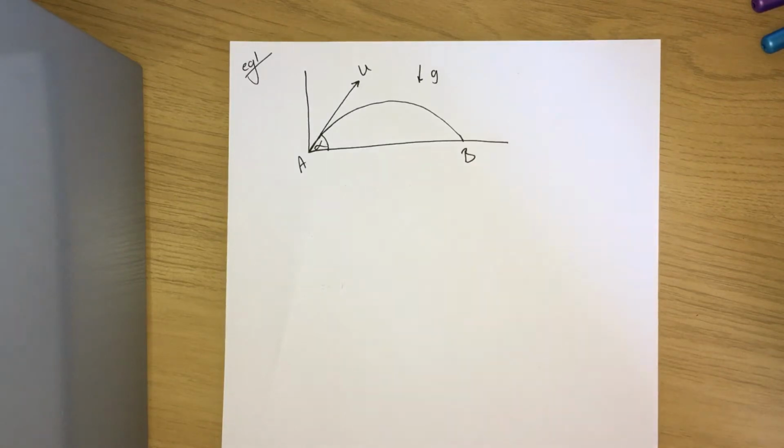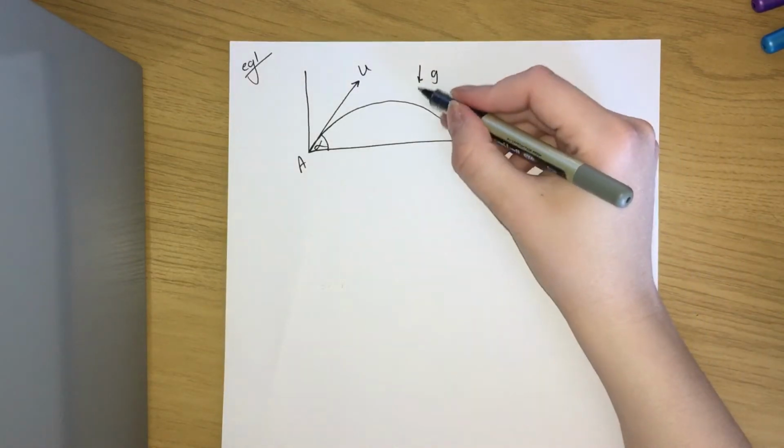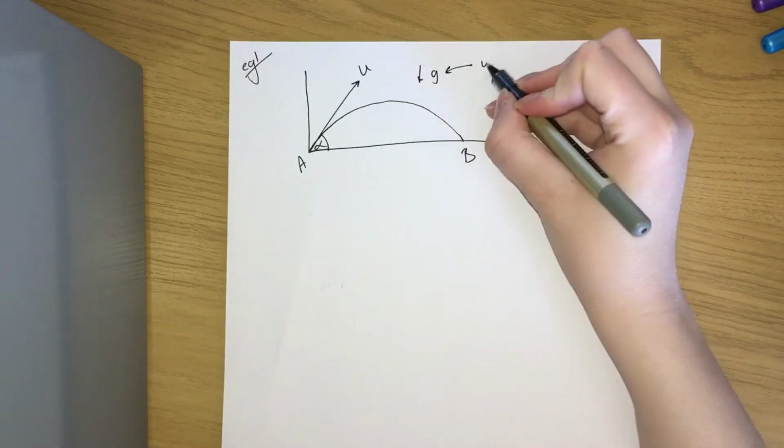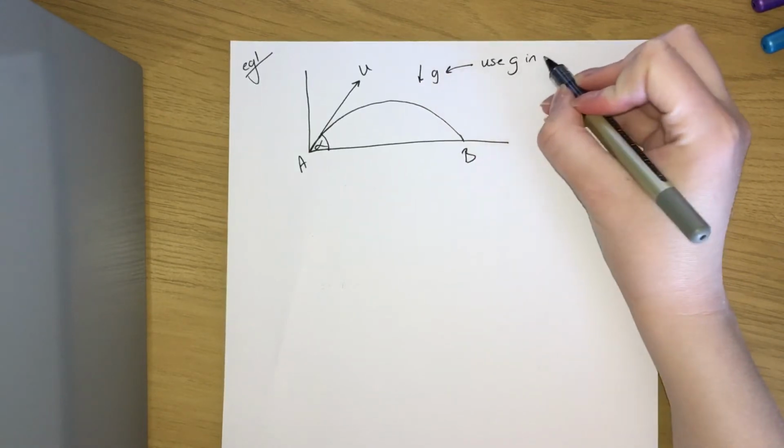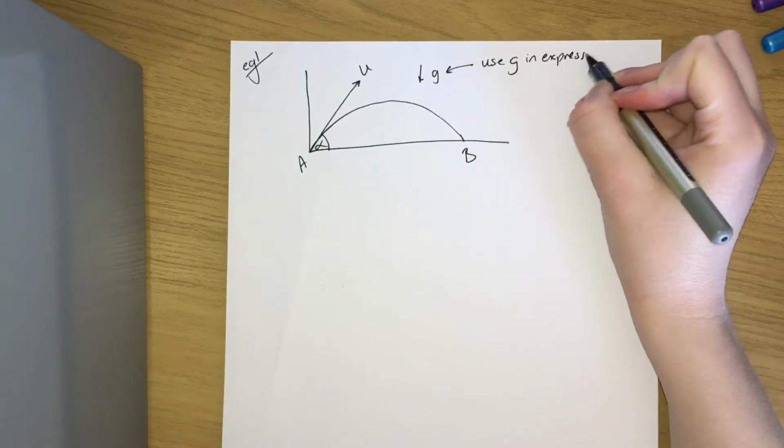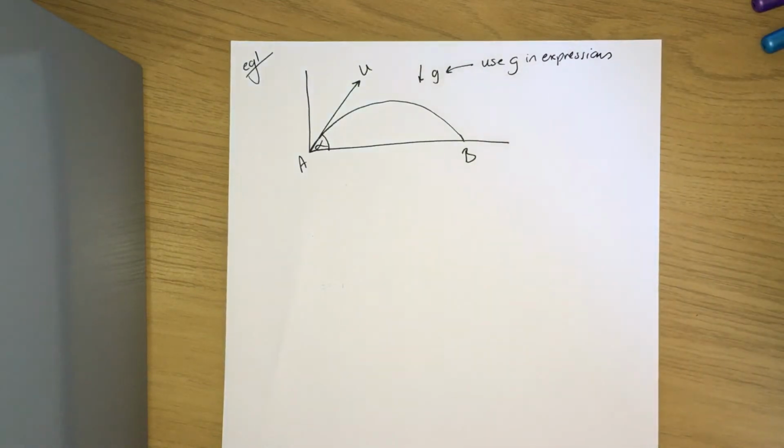The fact that it says due to gravity g means it wants you to use g in your expressions, not 9.8. You can't assume that g is gravity to 2 significant figures. The likelihood is it is.